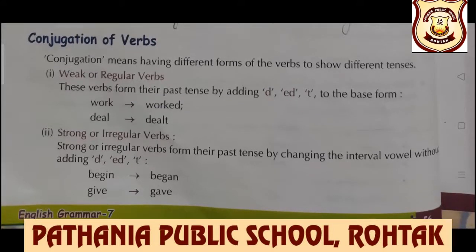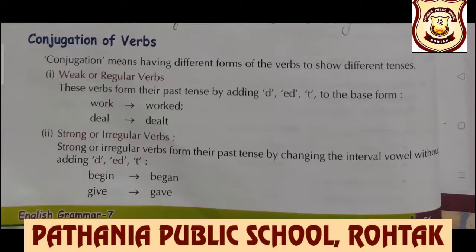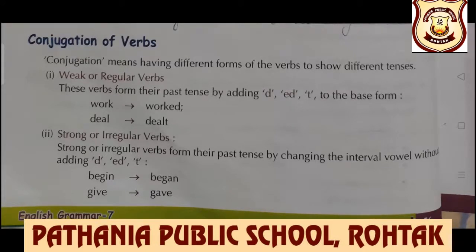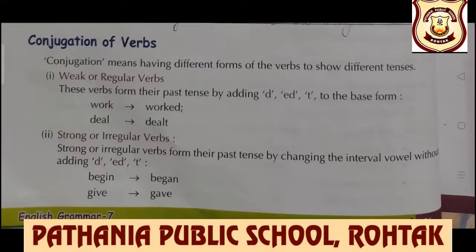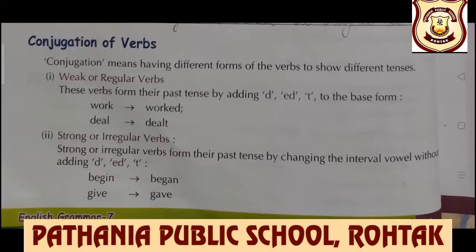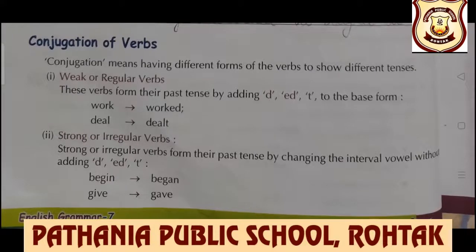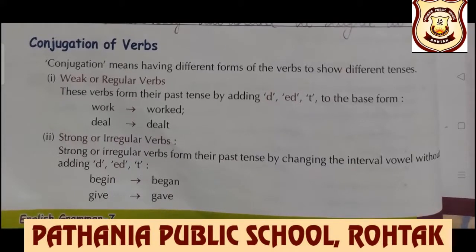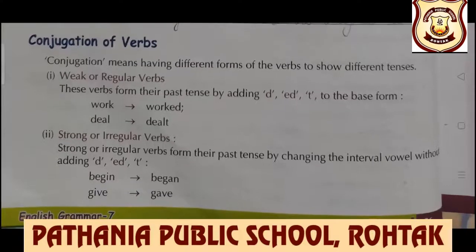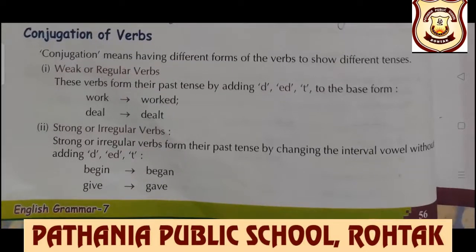Further, in present progressive tense, we use is plus first form plus ing in case of singular subject, am if we have the subject I, and are if we have a plural subject. In the same way, present perfect, past simple, past progressive, and so on. So conjugation means having different forms of the verbs.